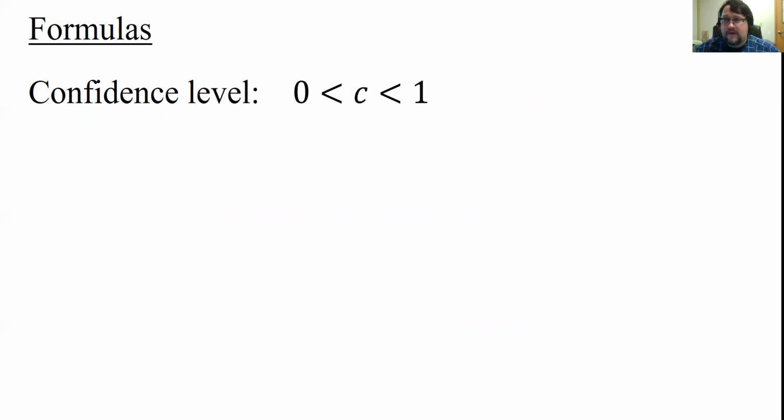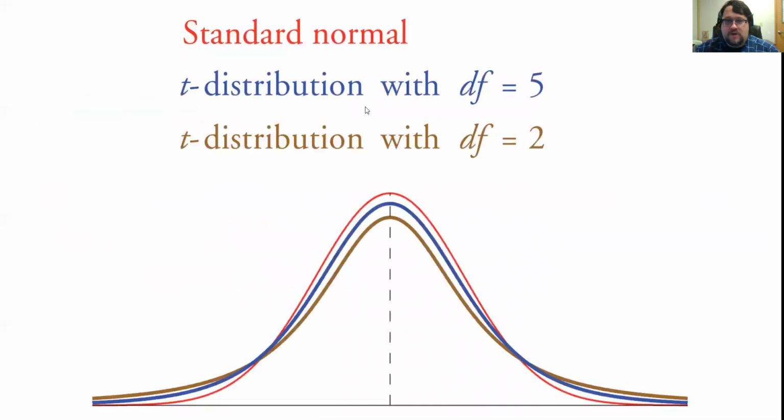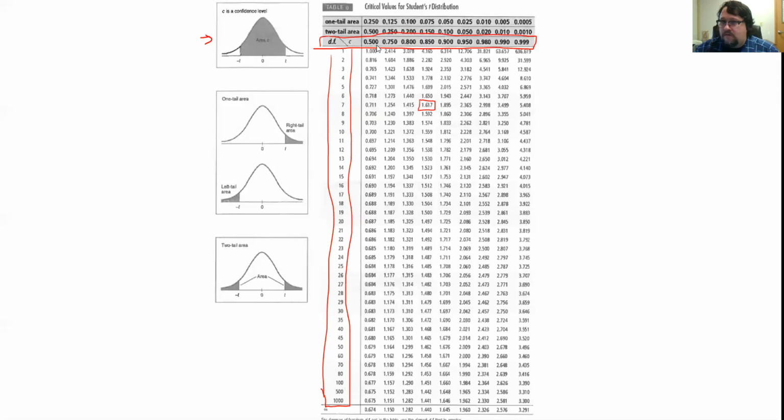You could have a 1% confidence interval. You could have a 0.999 confidence interval. Whatever that is. Now, again, going back on that chart, there's only set ones it's set up for. It's only set up for a 50% confidence, 75%, 80, 85, 90, 95, 98, 99, and 99.9% confidence level.